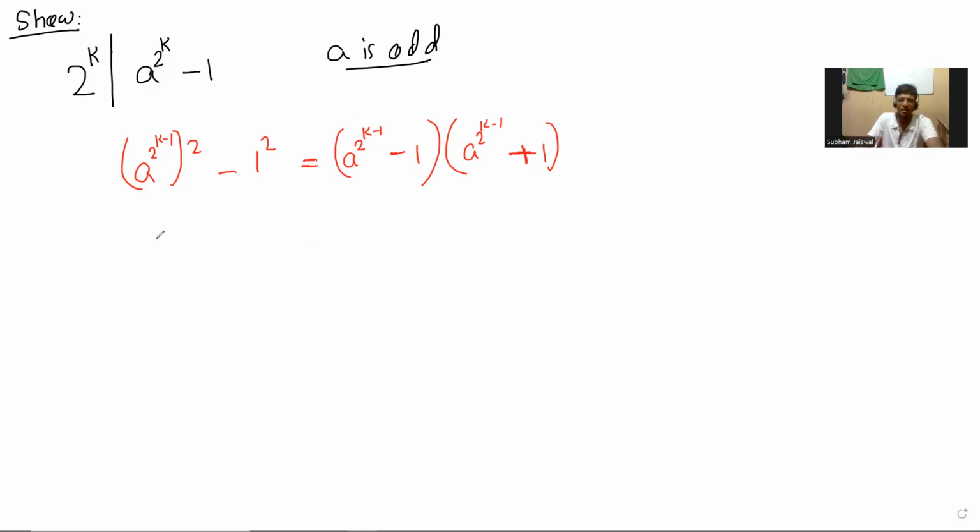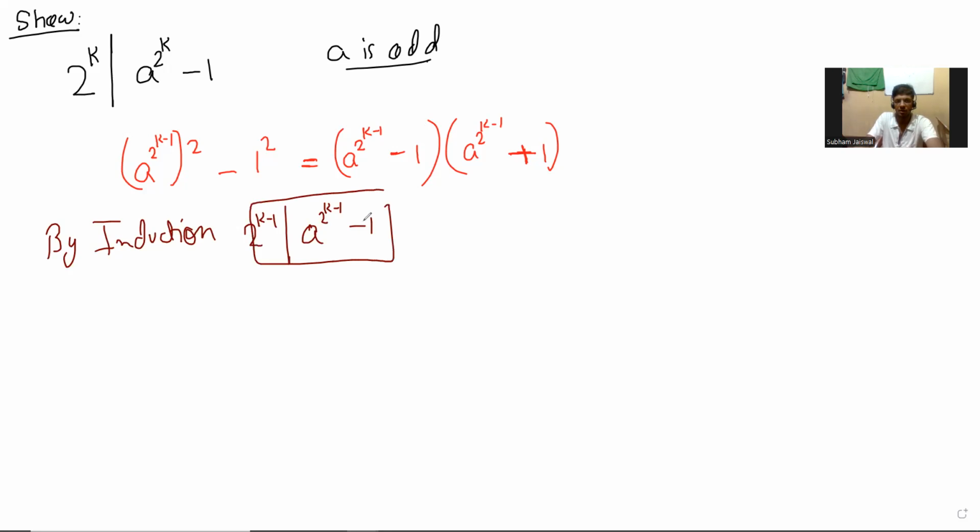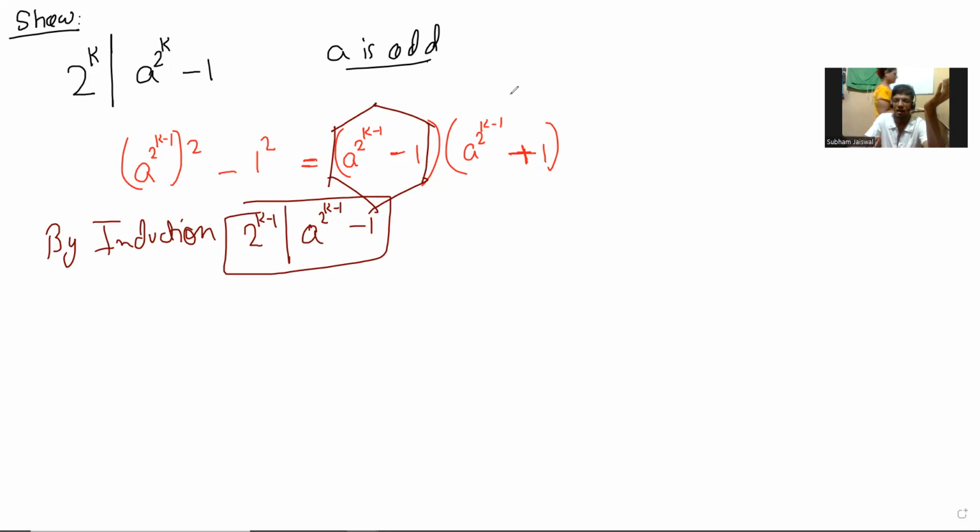You understand? Anyways, because we are also doing induction topics, so by induction, 2 to the k minus 1 divides a to the k minus 1. And so we are done, right? Because 2 to the k minus 1 divides this, and this is even.